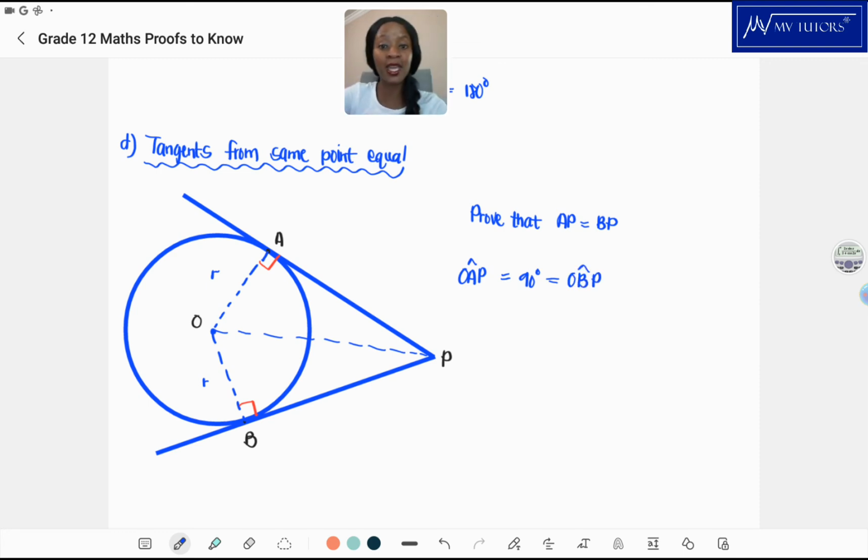Both A and B are equal to 90 degrees, and the reason is the radius is perpendicular to the tangent line.